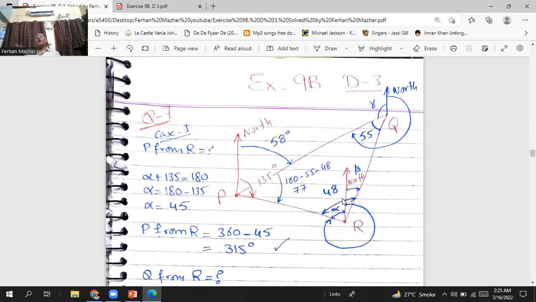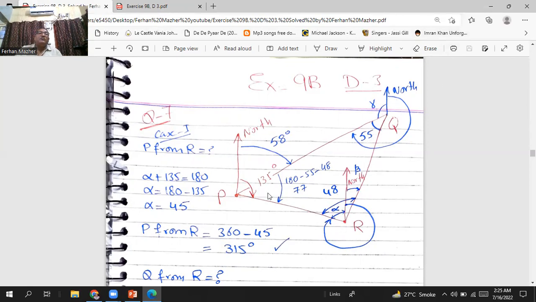So this is how I know that the RQ side should be a little to the right of that north on the R, because this angle alpha is 45 and the internal angle here is 48. So the RQ side should be on the right side of the north on the R. Then they have told us that this angle here is 55.